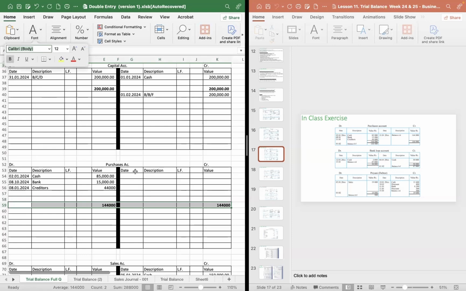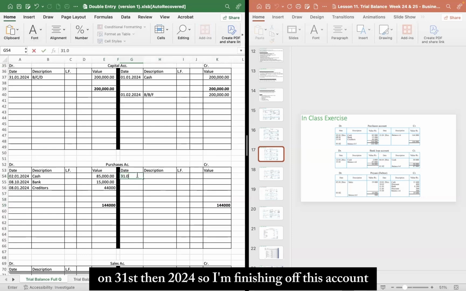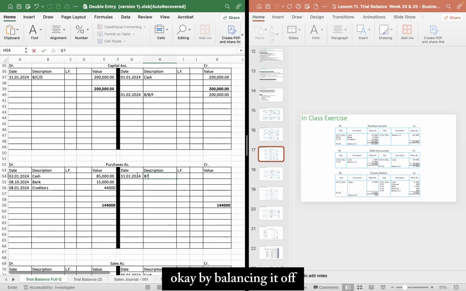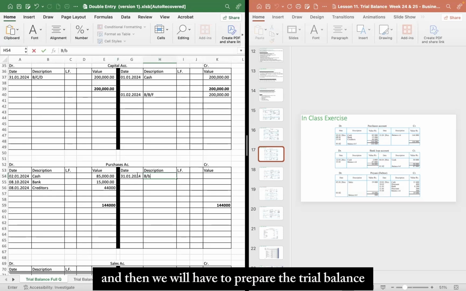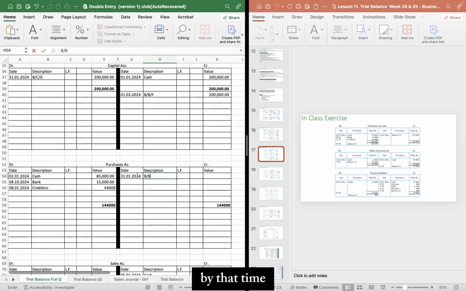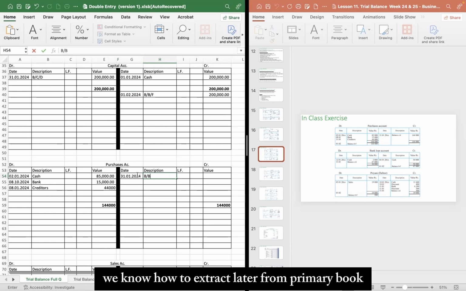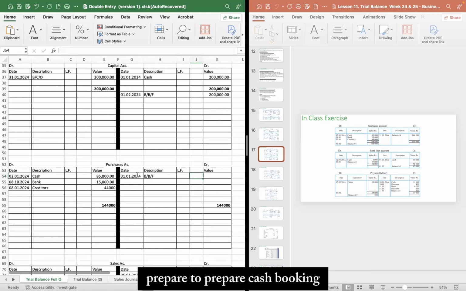On 31st Jan 2024, I'm finishing off this account by balancing it off, and then we will have to prepare the trial balance. By this time, we know how to extract data from the prime entry books and prepare ledger accounts, prepare discounts, and how to prepare the cash book.